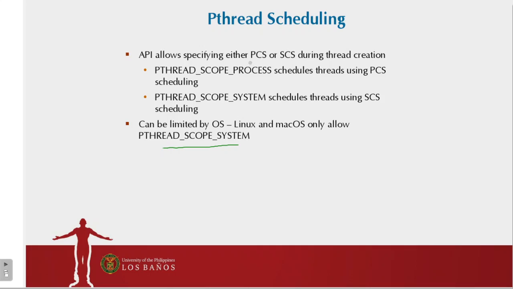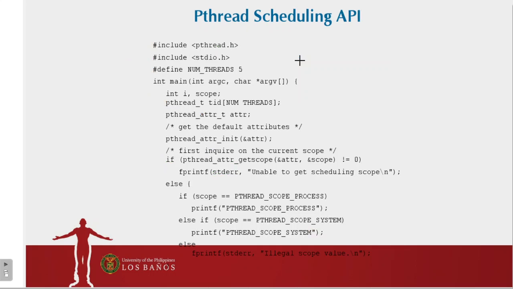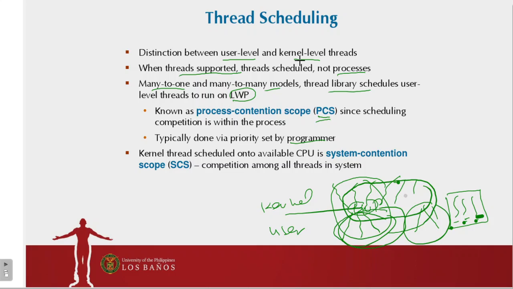Again, with process contention scope, the scheduling is done within this context only. But with system contention scope, you have to compete with all the threads in the system.